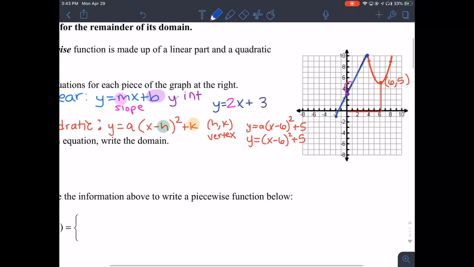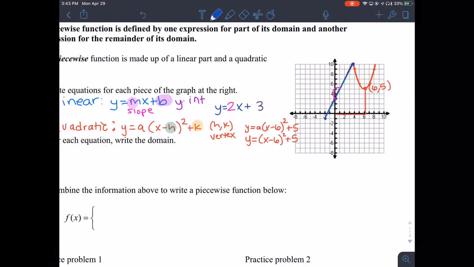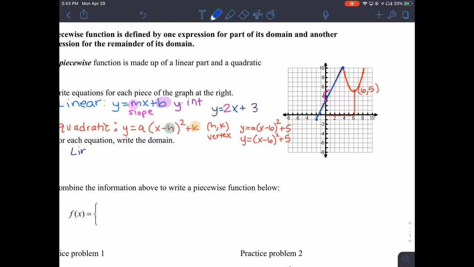Whenever we do piecewise, we use inequality notation, and that's exactly what you'll be doing on your project as well. So for the linear function, we will write this as negative 2 is less than or equal to x, which is less than about, let's say, 3.6. That doesn't have to be exact. It's somewhere between 3 and 4.